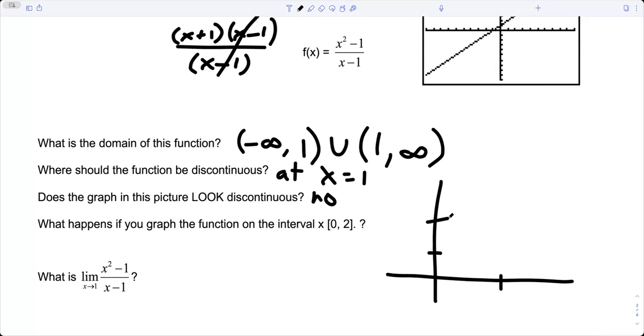It looks something like this. There's a little gap there in your graph, right? Because what's happening at 1? There's a hole, a removable discontinuity. So if you graph the function on the interval from 0 to 2, you see the hole.